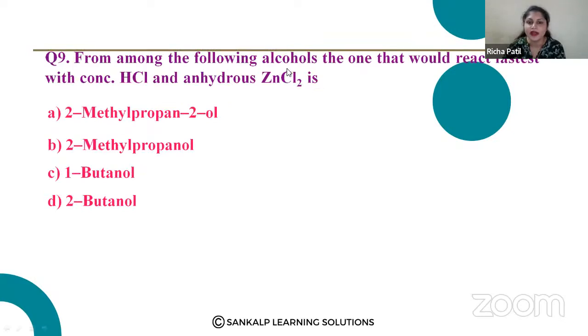From among the following alcohols, the one that would react fastest with concentrated HCl and anhydrous ZnCl2 is... So primary alcohols form no PPT. Secondary alcohols form PPT within 5 minutes. Tertiary alcohols immediately give the PPT.